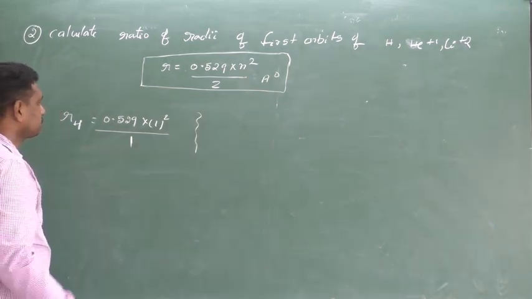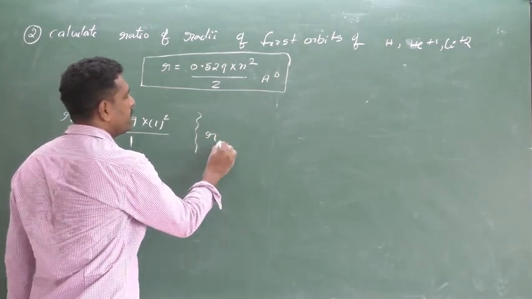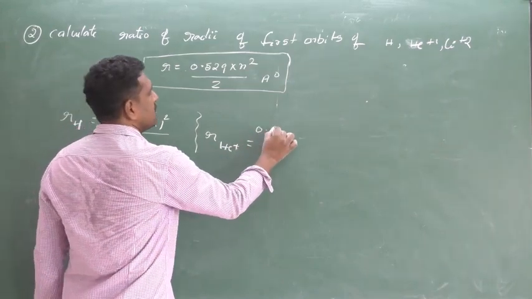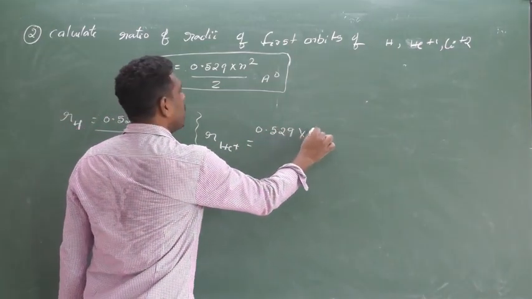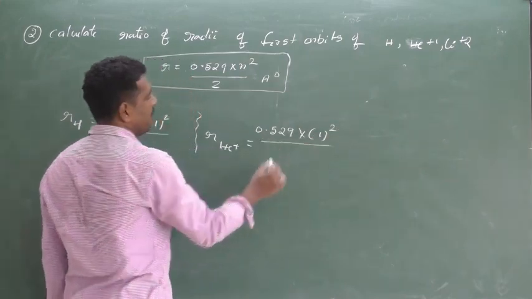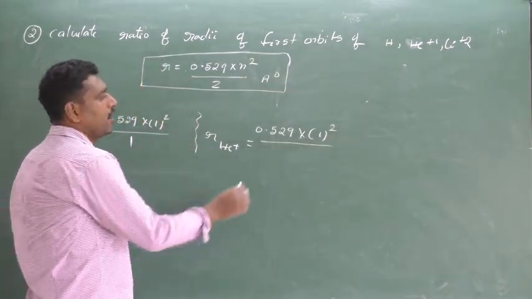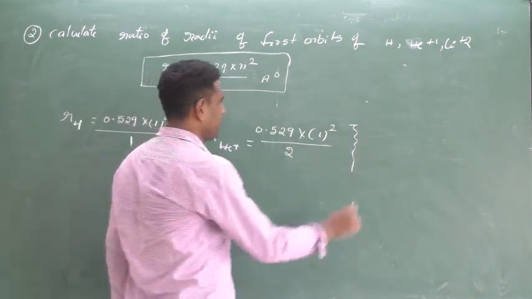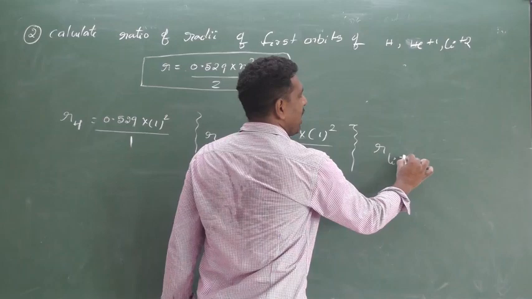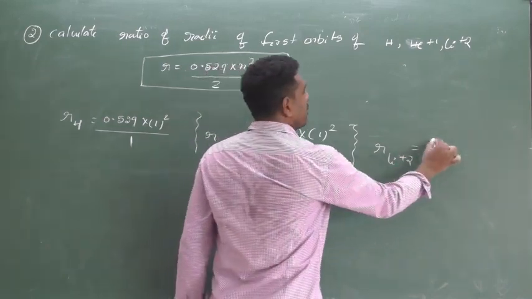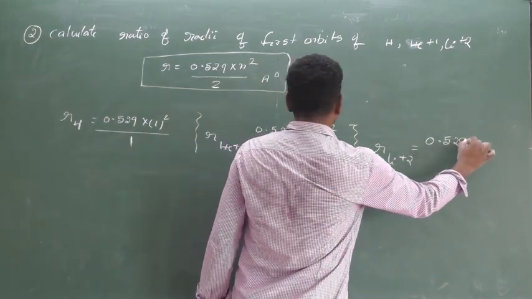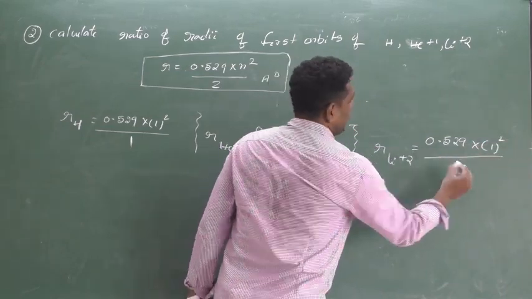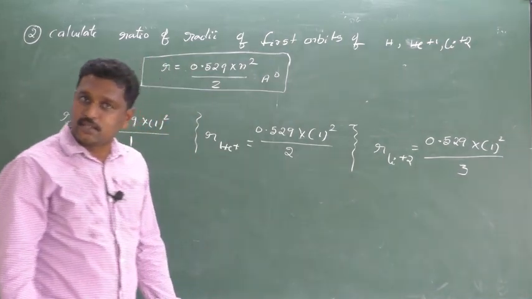After that helium: radius of He plus, same thing 0.529 into 1 square, first orbit, n value 1, and helium Z value 2. After that lithium: radius of Li plus 2 equal to 0.529 into 1 square by 3, because lithium atomic number is 3.